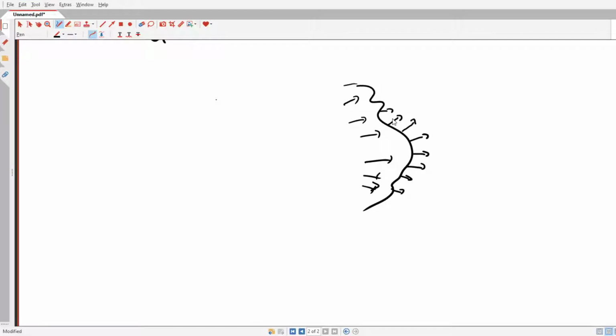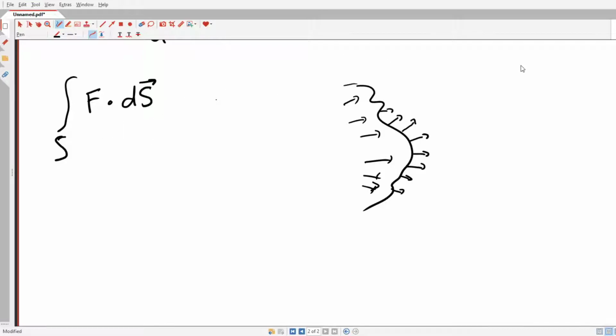So this is usually written as the integral over a surface of f dot dS, where S here is a vector. So what does that mean?